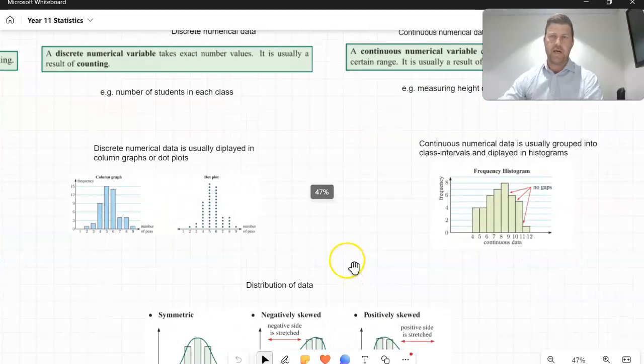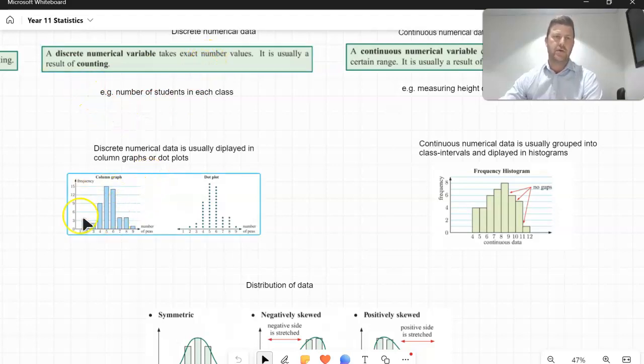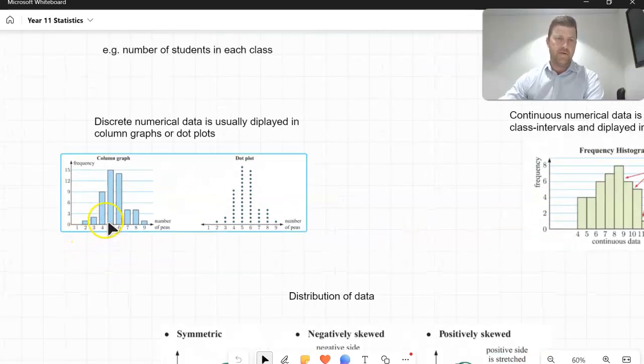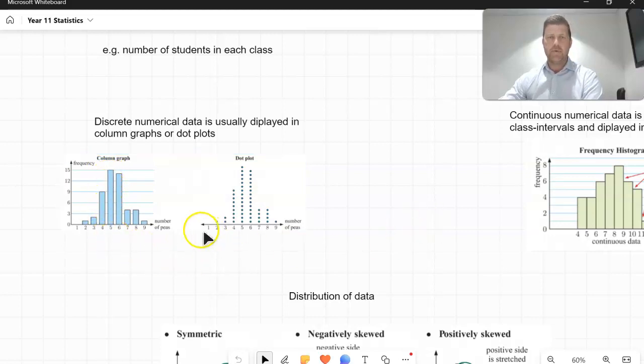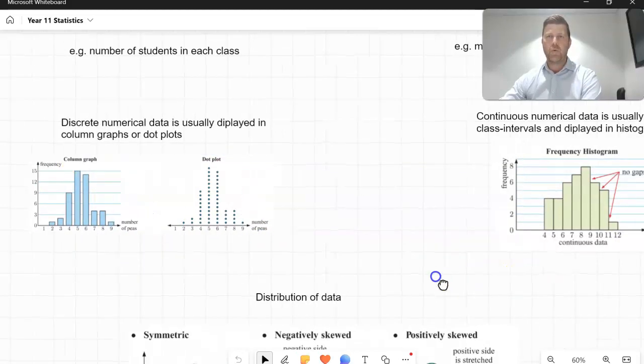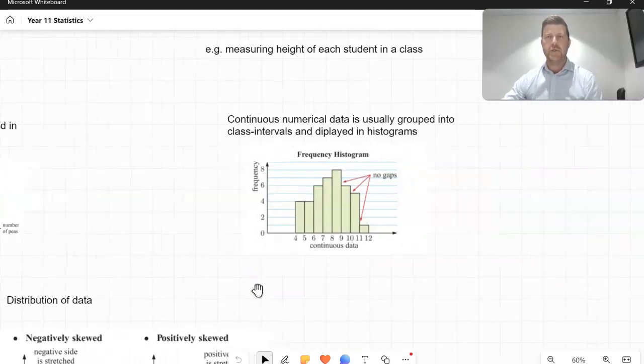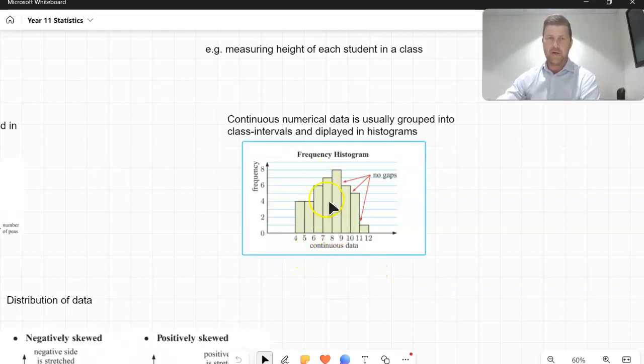These different types of numerical data can be displayed differently as well. Usually because you've got an exact value, discrete numerical data is displayed using a column graph or dot plot. So you can show just exactly how many people had, for example, 5 siblings in your classroom using the column graph or dot plot. Whereas continuous numerical data is usually grouped. So you might actually look at grouping heights of students in a classroom and saying, well, how many students were between 160 and 170 centimeters, and indicating that on a histogram.